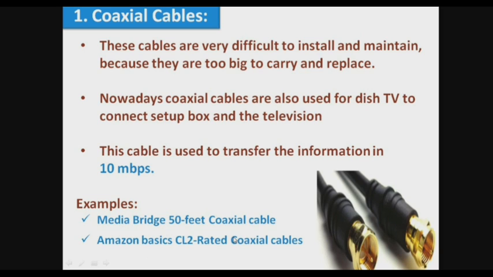Here I display 2 examples: MediaBridge 50 feet coaxial cable, Amazon Basics CL2 rated coaxial cable. So coaxial cable is one of the types of network cable. It is used to transfer data from one system to another system, especially in LAN and MAN. The data transmission speed is 10 Mbps.